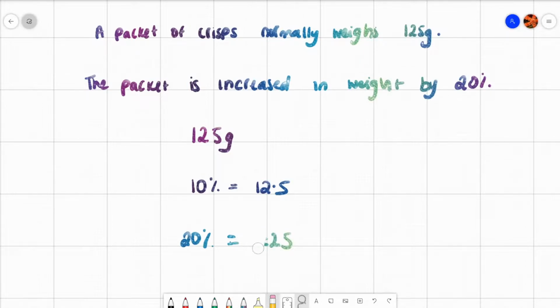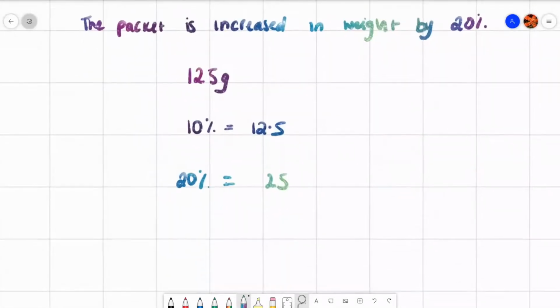I'm so used to using the same units that sometimes you can forget, so always check back to see what units. Now, the weight's increased, so I'm going to do 125 add 25 to get 150 grams. Make sure we've got the correct unit.